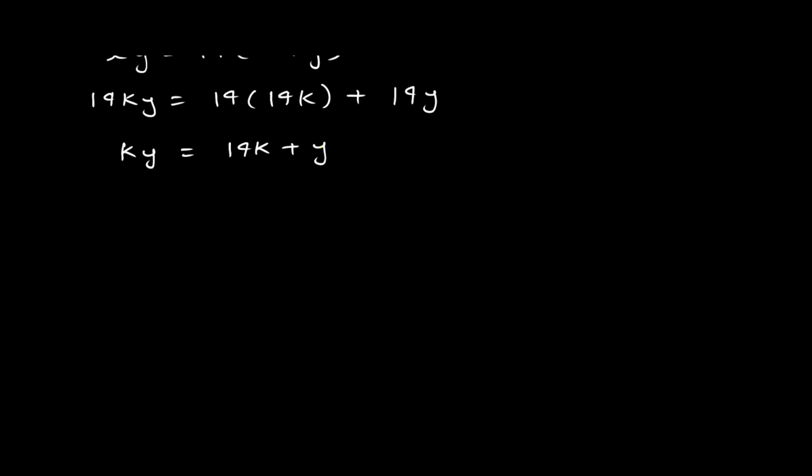If this wasn't divisible by k, we would have a rational on the right-hand side. So let's say y is equal to km. Seeing that y has to be divisible by k, we could just say that y is equal to km, and m is an element of the integers.